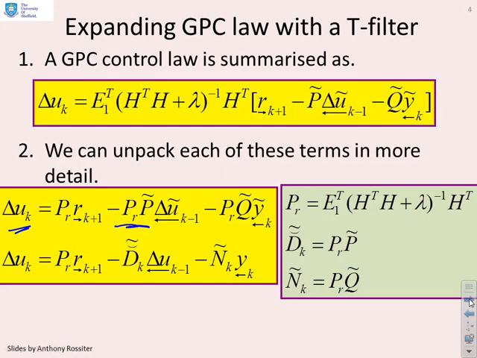I've got this PR p tilde, where PR is given by this term here, and p tilde we know, and you can then basically write that PR p tilde equals this D_k check tilde term, and PR q tilde is this N_k tilde term. So this is conceptually the same as the early videos, which is why I'm doing it very quickly.